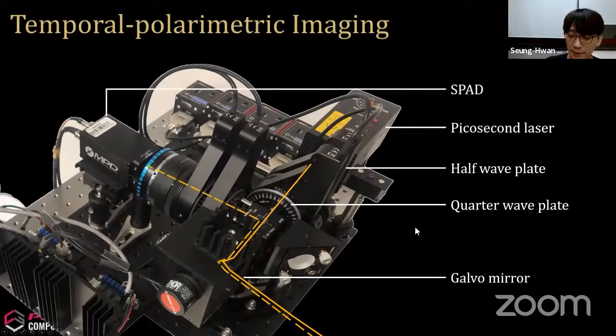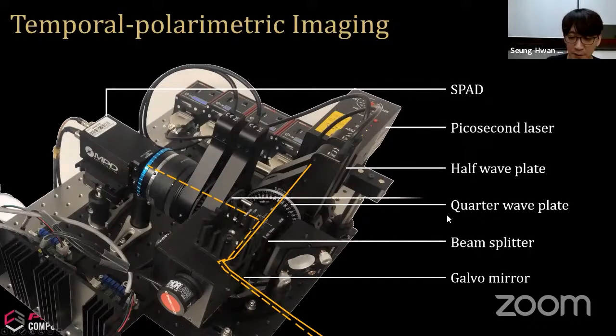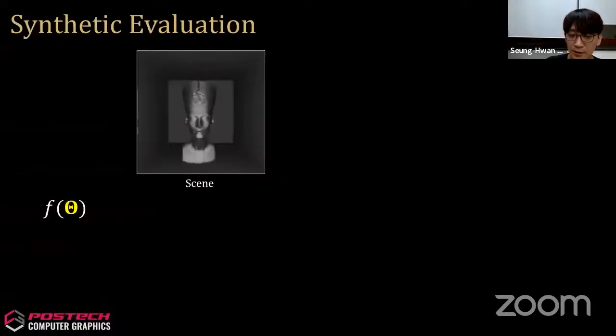The light is reflected from the scene and then captured by a SPAD sensor, the direct time of flight sensor. We have the beam splitter and polarizing filters as well. This imaging system gives us the raw measurements of polarimetric time of flight imaging.